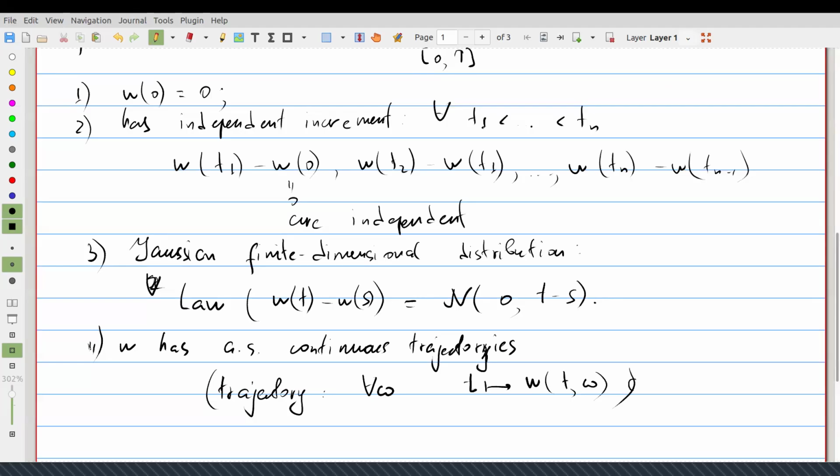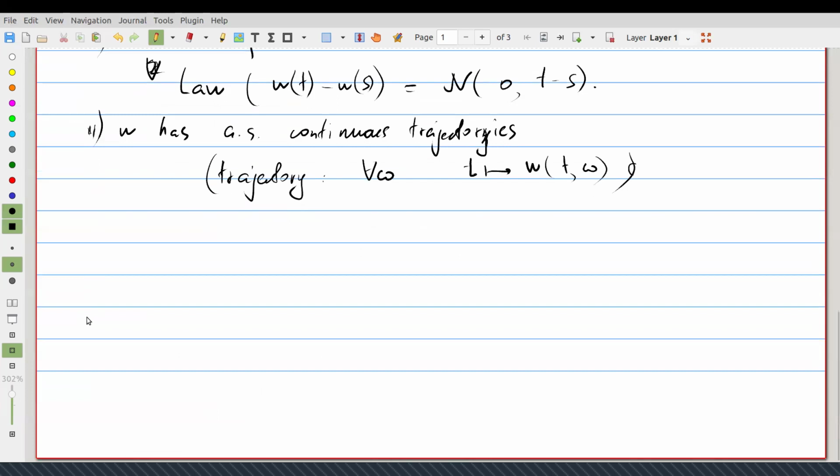Obviously, this is going to follow from previous properties by the Kolmogorov-Chentsov theorem automatically. And again, Wiener process can have different definitions.